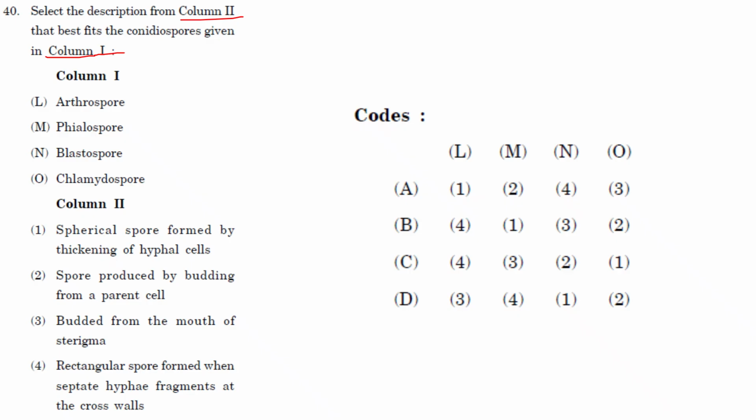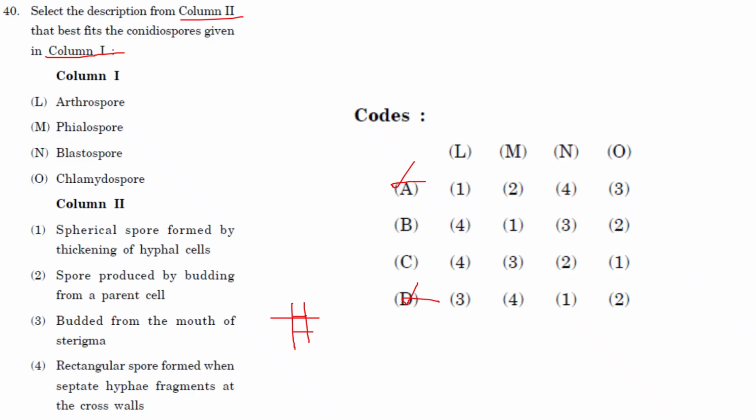Arthrospore is a rectangular spore formed when septate hyphae fragment at cross walls. So this is the hyphae, these are the septa of the hyphae. When it fragments at the cross wall, it forms a rectangular spore that is called the arthrospore. So L is 4. Okay, A can be eliminated, D can be eliminated.